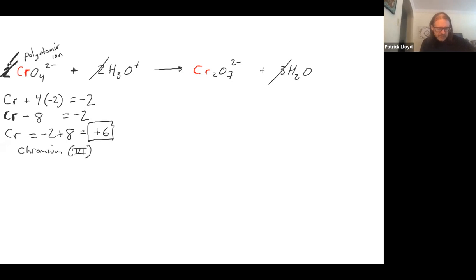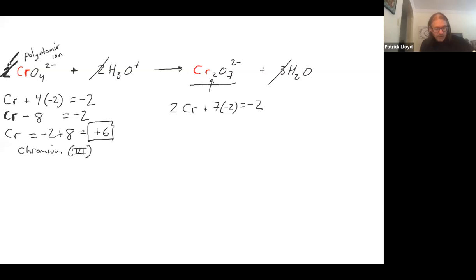Now, let's come over here. I'm going to show you this one carefully. There's 2 chromiums. Don't forget that. So 2 chromiums plus 7 times -2 equals -2. Again, polyatomic ion, so it's got to add up to the charge. If it were just Cr2O7 as a compound, it would add up to 0.